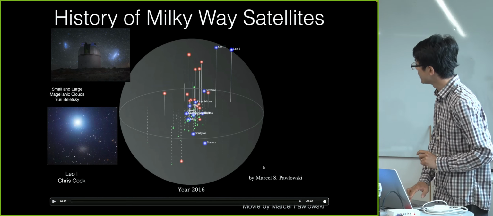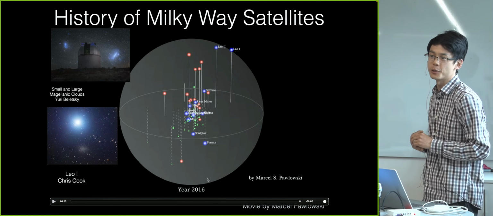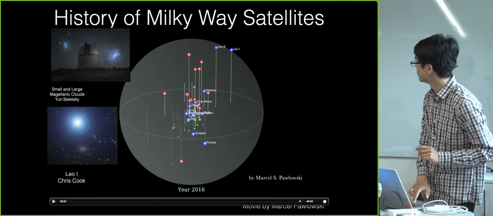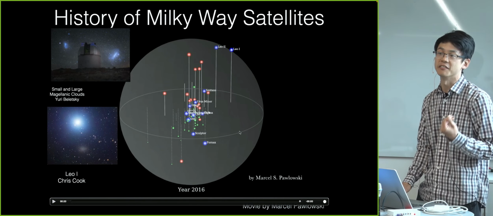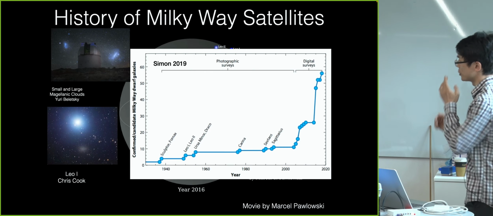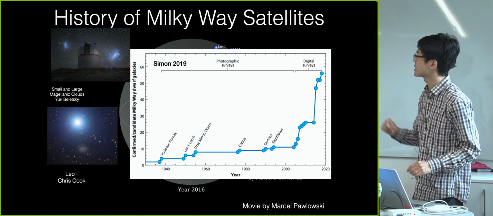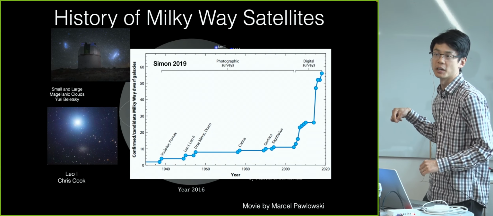If you were paying attention to the video while I was talking, you might have also seen a whole bunch of points appeared around 2005, and then a whole bunch more points appeared in the southern hemisphere. This was basically due to the advent of deep, wide, and all-sky photometry. To show this a little bit more quantitatively, the x-axis on this plot is the year that a dwarf galaxy was discovered, and the y-axis is the cumulative number.